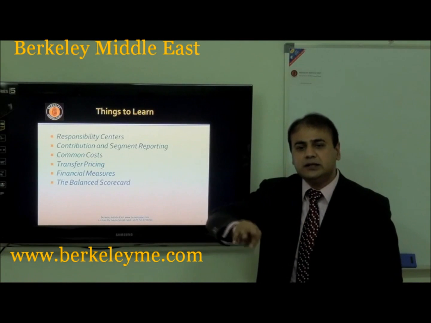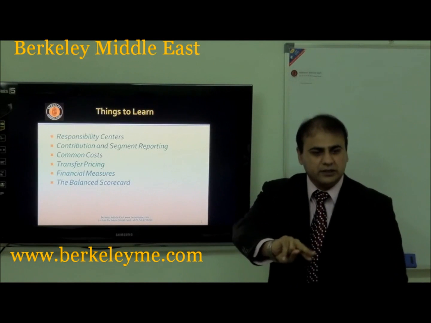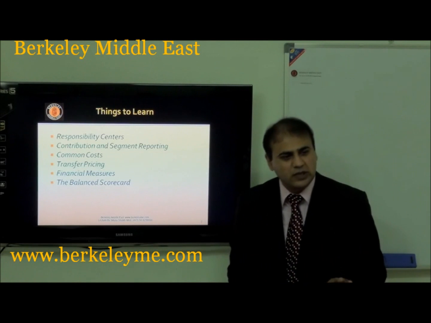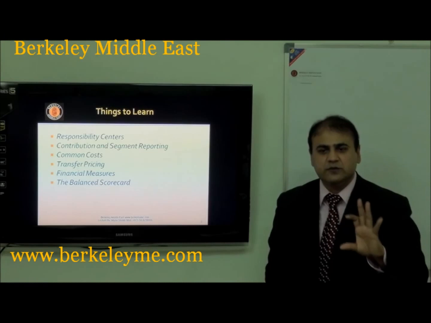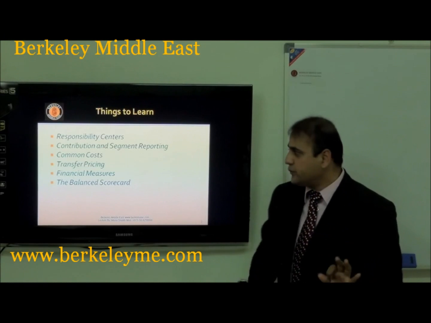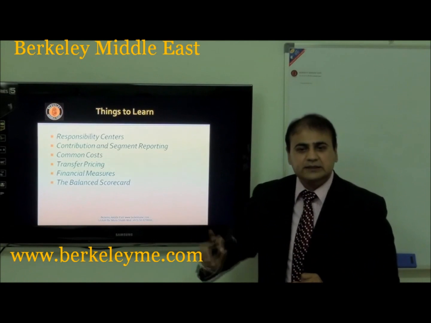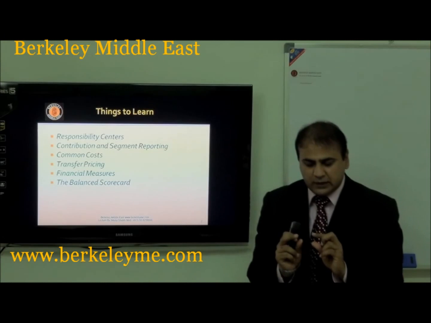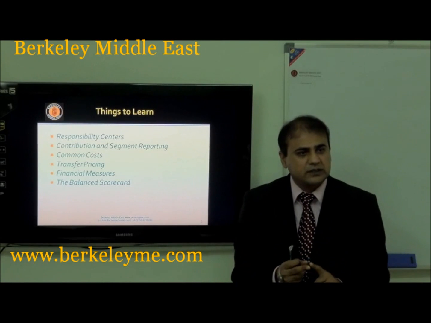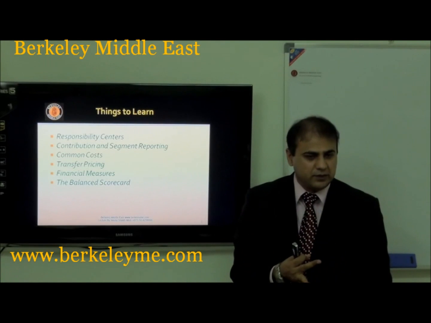Into contribution and segment reporting. Contribution is an accounting term. It is even a cost accounting term, which is equal to selling price minus variable cost. So why we study this contribution reporting is because we have 2 types of cost. One is fixed cost, one is variable cost.